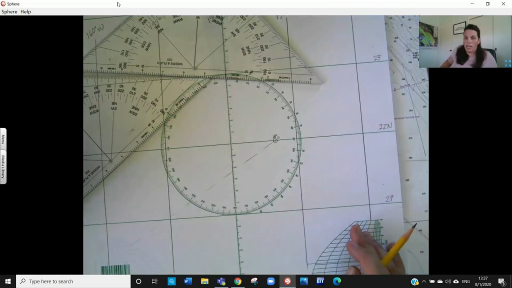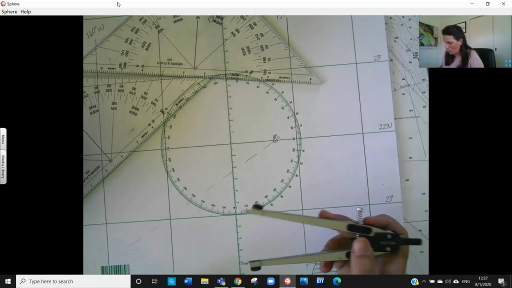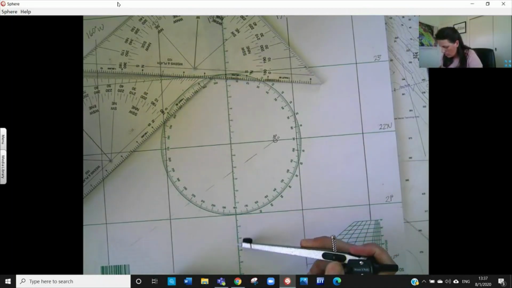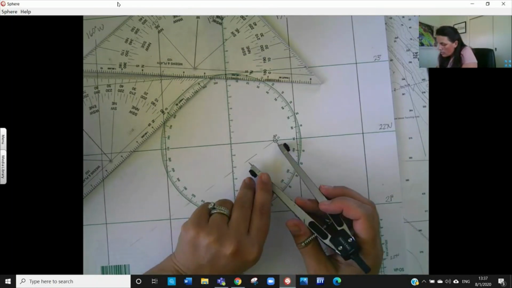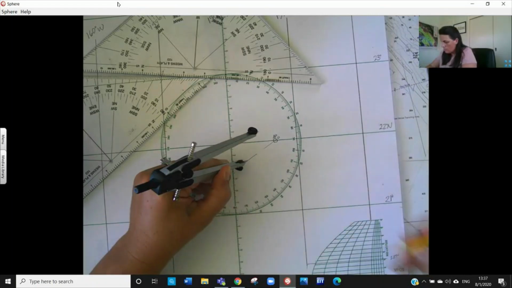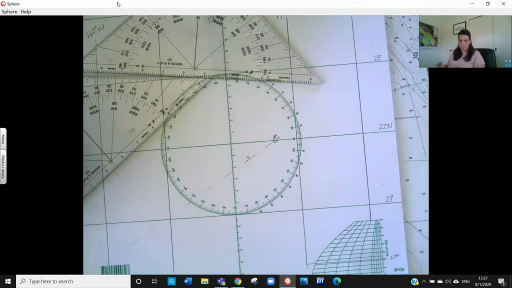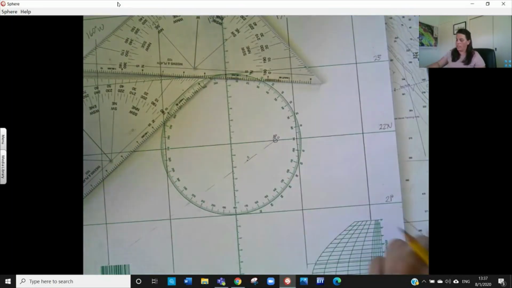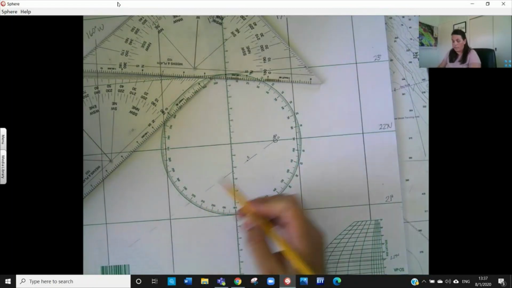draw in a line. Now my intercept was 29.3 towards. I'm going to find 29.3 right about there. Start at my assumed position and call this my intercept. So in order to draw my LOP, it's a perpendicular line to my azimuth.